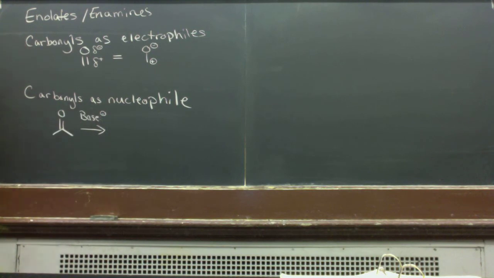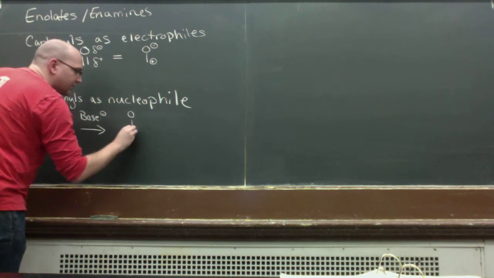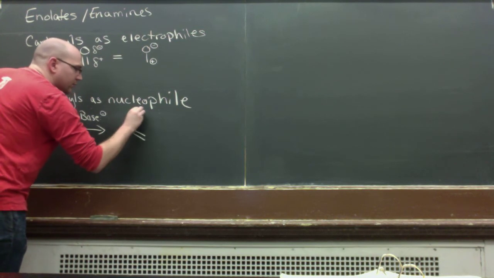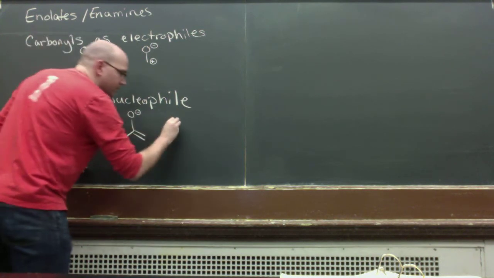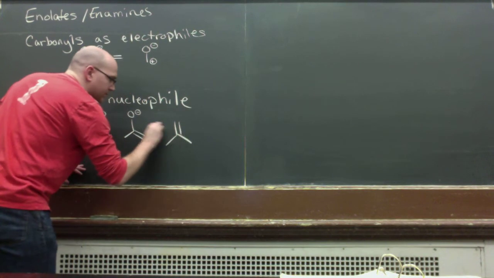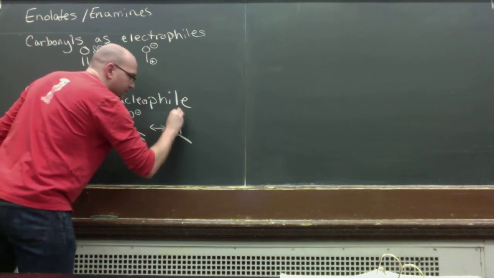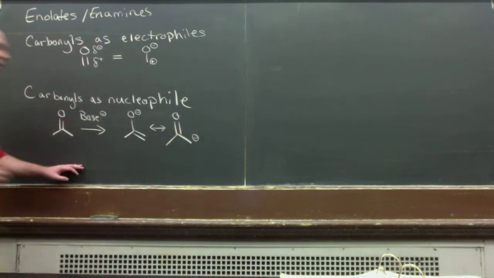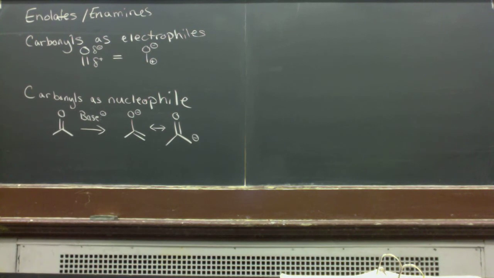we'll discuss what types of bases can do this. What we're going to get to is these 2 resonance forms. So these are enolates.